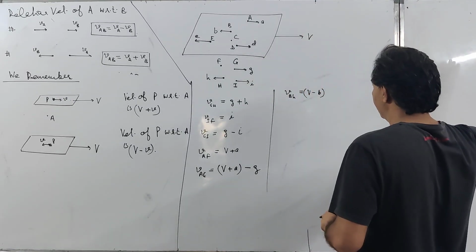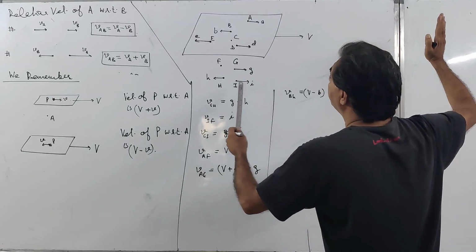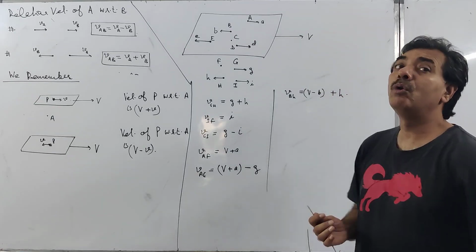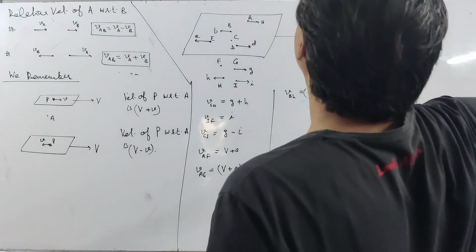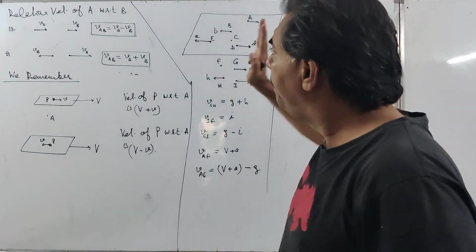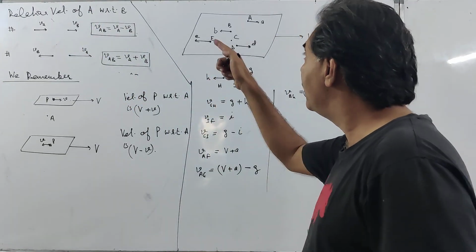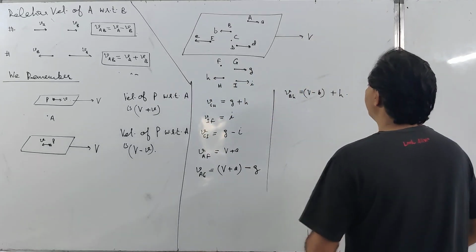V minus B. नेट इधर कोई जा रहा है. H इधर जा रहा है. V minus B plus H. Two objects moving in opposite directions. अगर प्लेटफॉर्म इधर जा रहा है, बंदा जा तो उधर ही रहा है, तो पीछे जा रहा है थोड़ा सा, तो इफेक्टिव उसकी V minus B हो जाएगी. इधर को H, इधर को V minus B plus H.